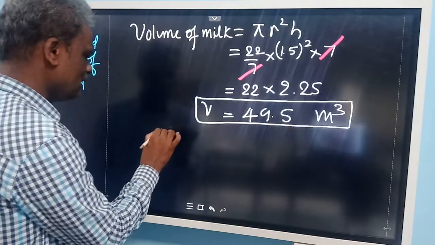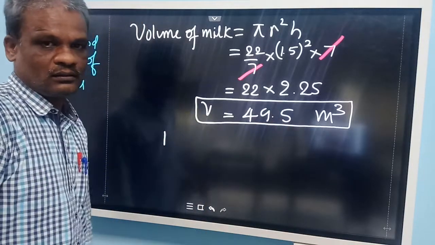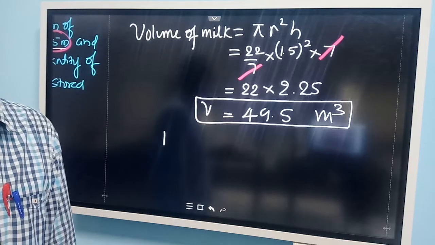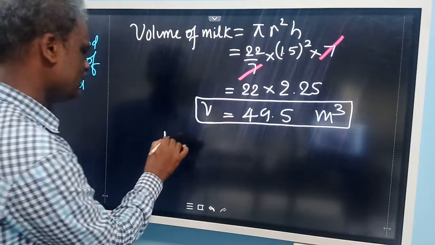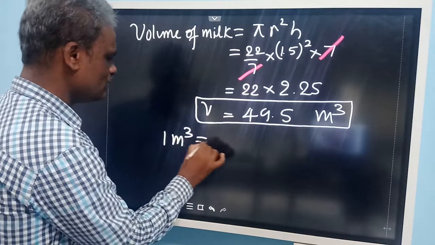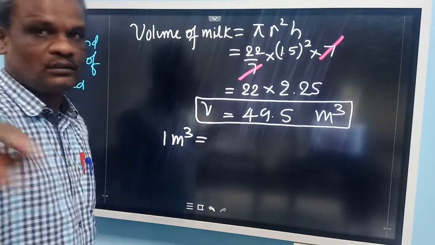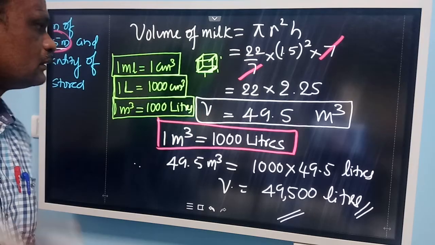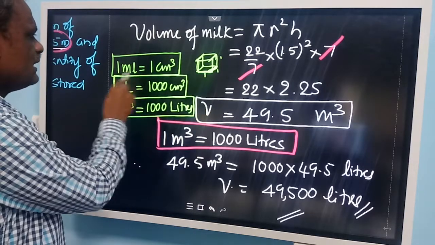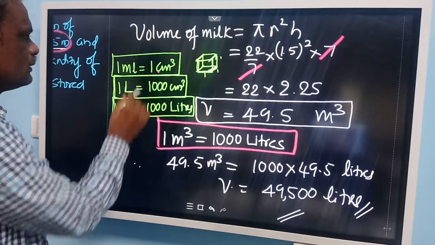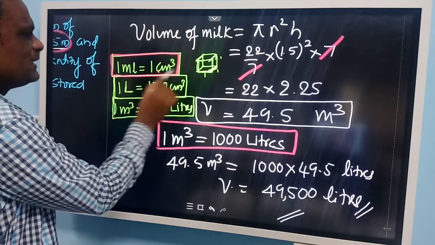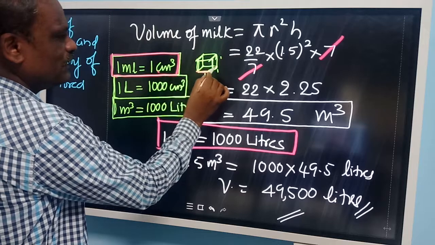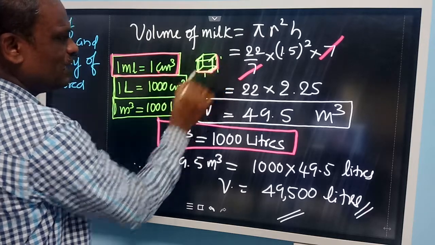Now, 1 meter cube is equal to how many liters? Remember this, 1 ml is equal to 1 centimeter cube. 1 centimeter cube means 1 centimeter in length, 1 centimeter in breadth, 1 centimeter in height.